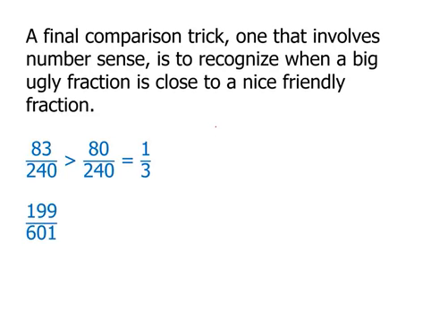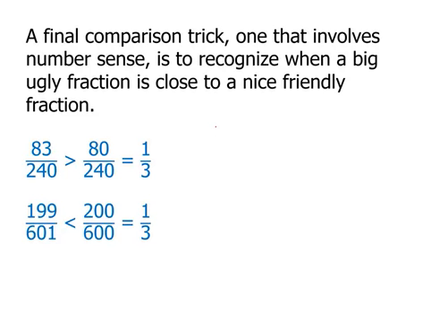Well, that's interesting. Suppose we compare it to this fraction, 199 over 601. Well, 199 over 601, that's very close to 200 over 600. But, of course, if we make the numerator bigger and the denominator smaller, 200 over 600 is going to be slightly larger. And 200 over 600 also equals 1/3.